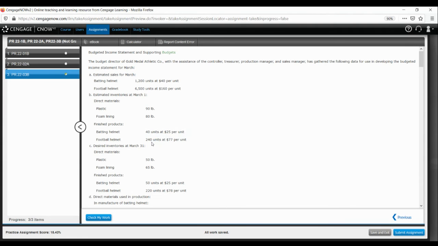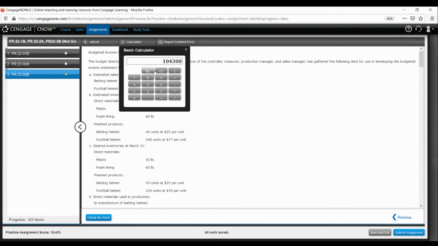You also have to combine with that the finished goods for the football helmets, which was 240 units at $77 per unit. So 240 times 77 is 18,480. That was for your football helmets.